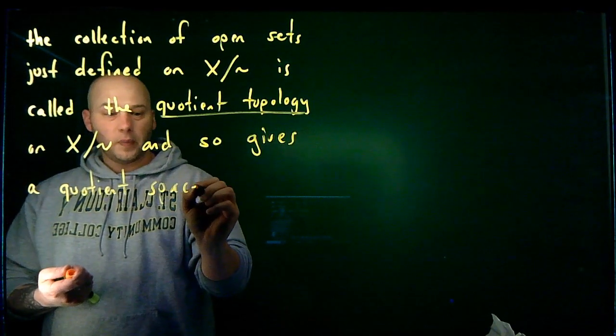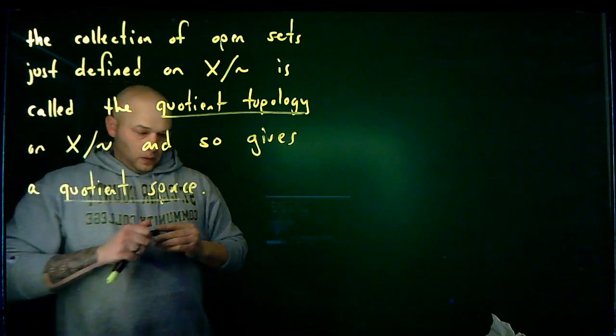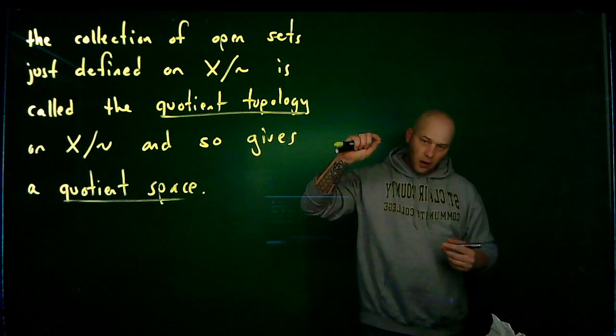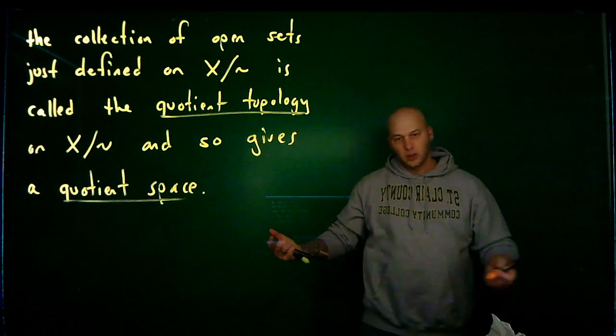A set with a topology on it. So again, that gives me an inherited topology on the quotient from the original space.